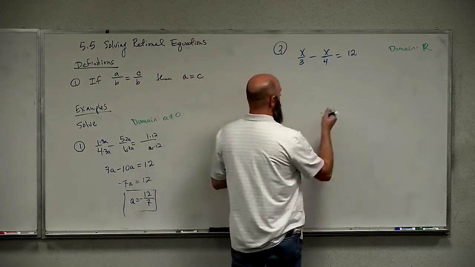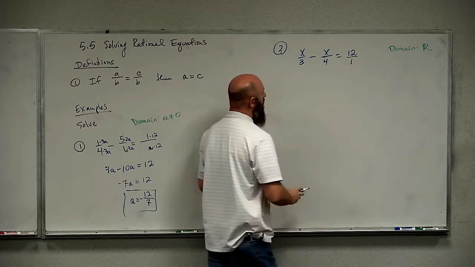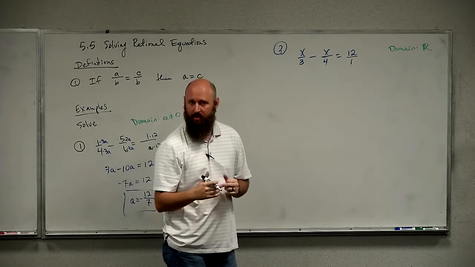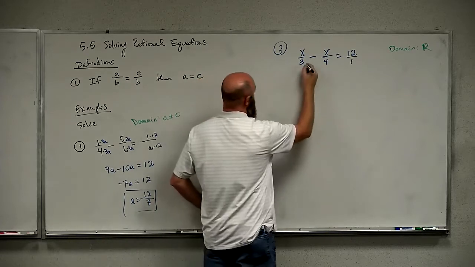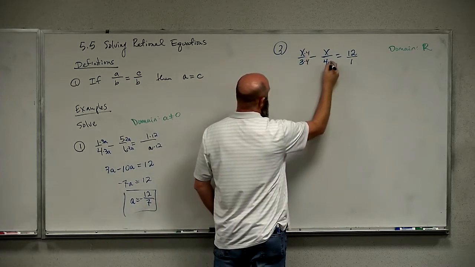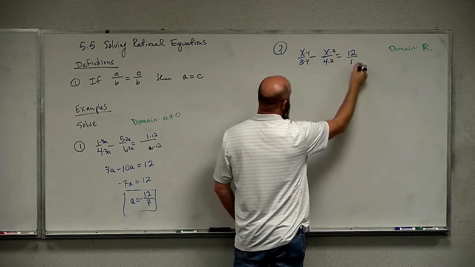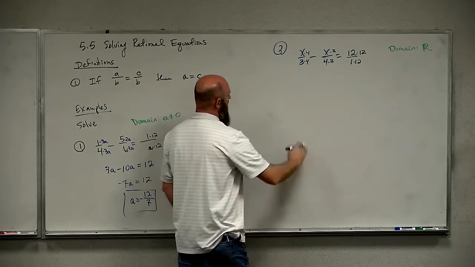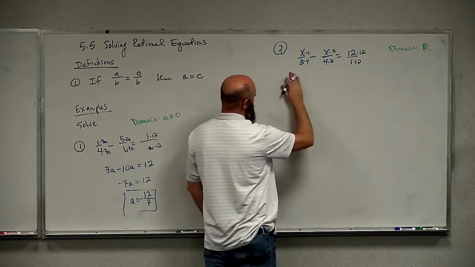All right, but I still have to get a common denominator. So I'm going to put that over 1. So again, a common denominator in this case is going to happen to be 12. So I'm going to multiply this one by 4, this one by 3, and this one by 12. And because the bottoms are the same, we don't need them anymore.